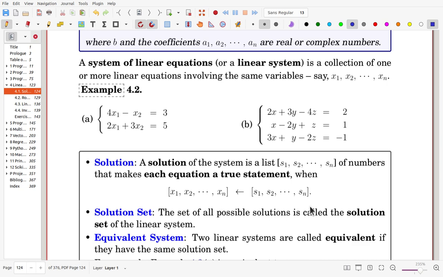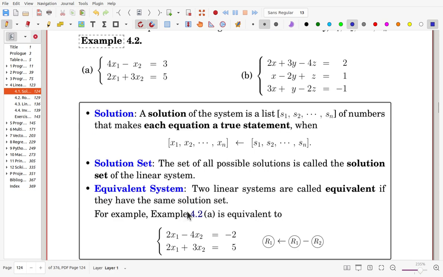In that case, the list of numbers becomes a solution. The solution set is the set of all possible solutions of the linear system. And two linear systems are equivalent if they have the same solution set.